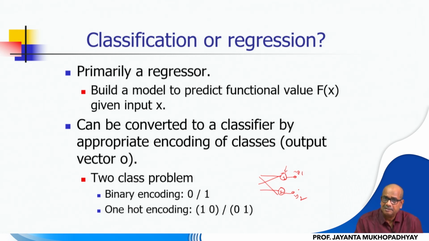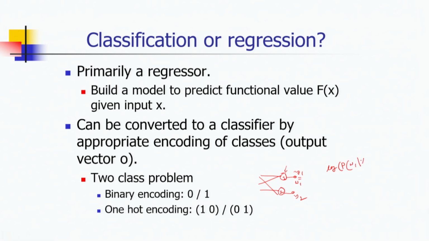But instead of that, there is another way we interpret it. We consider it a kind of logistic regression problem, which I am not going to discuss here, but it is trying to estimate the logarithm of the probability of that class. Say this is a class omega 1. So it is trying to estimate the posterior probability, what I have discussed earlier.